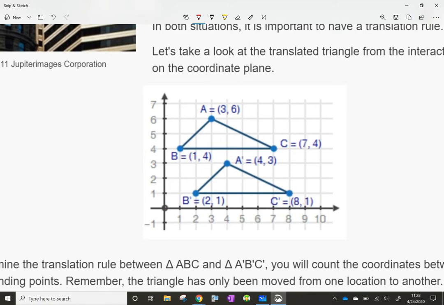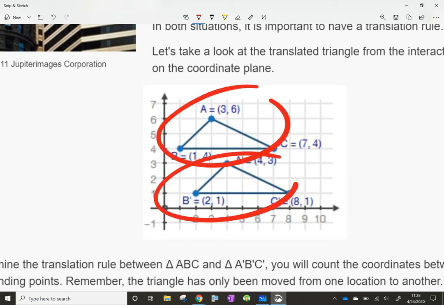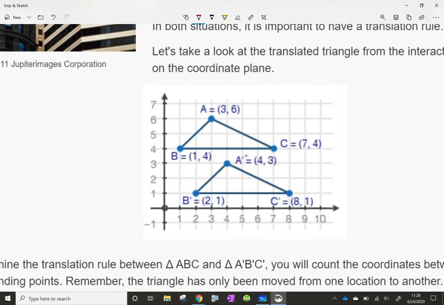Now, this is a slide, as you can see, because it doesn't change its shape at all. You can tell that it's been moved from here to here. It moved down and a little over. Now, if you look at it, let's look at just one particular point. Let's go from A to A prime, right? How do we get to that shift? Well, let's consider the left and right movement first. So to get from A to A prime, we would have to move the point over 1 unit, right?